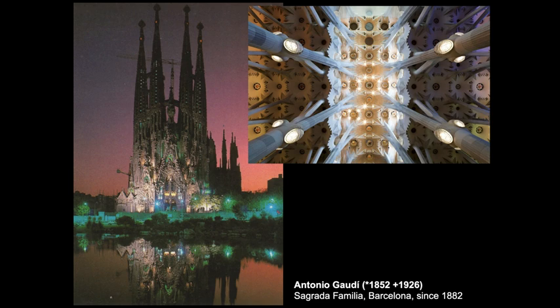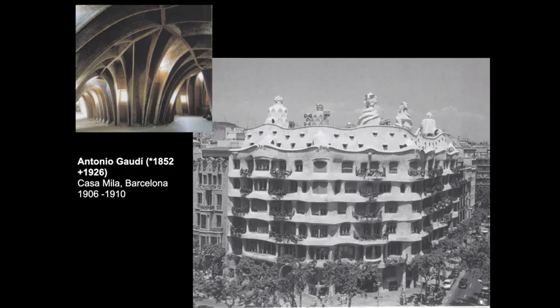But Antonio Gaudí did not only build the Sagrada Familia. He was also very famous for his housings, his villas and apartment houses. For example, this is Casa Milà, House Milà in Barcelona, built between 1906 and 1910.